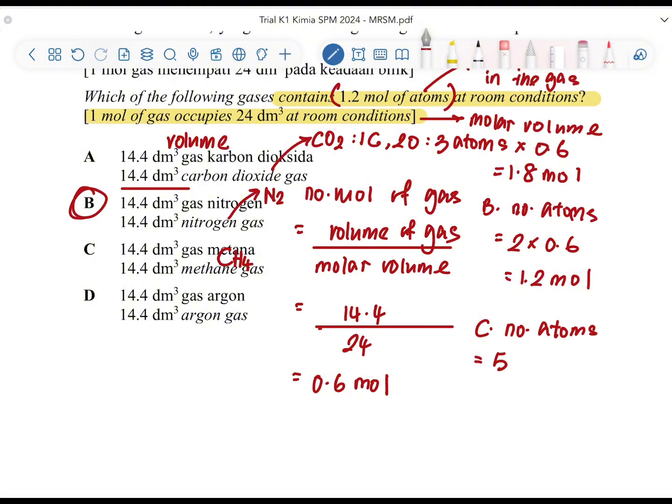So altogether is 5, and times 0.6 mole we get 3 mole. Lastly, argon is a monoatomic gas, which means it contains one atom per particle. So the number of moles of atoms will be 0.6 mole. So the answer would be B.